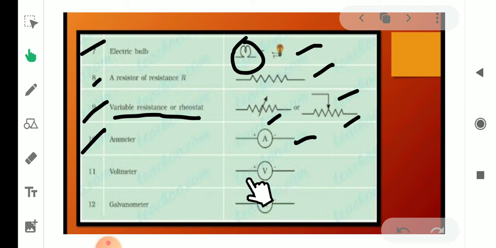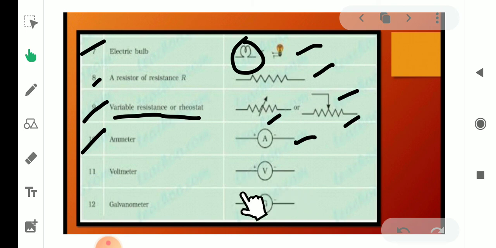The next, 12th component, is the galvanometer. What is a galvanometer? A galvanometer is a device used to detect electric current, that is, whether electric current is present in an electric circuit or not.